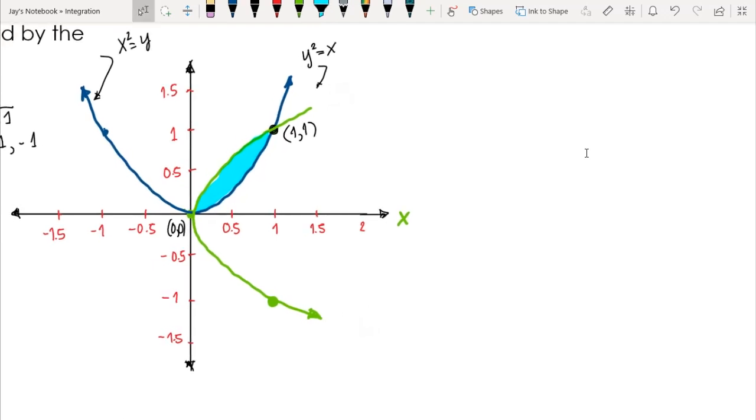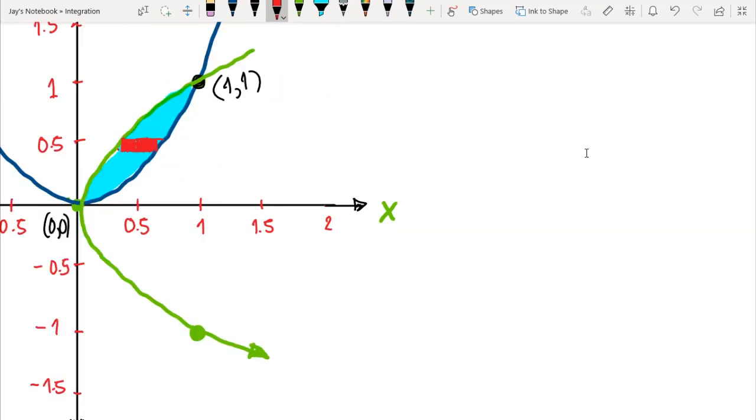For a horizontal strip, we just need to draw a horizontal rectangular strip. In our horizontal strip, the area of the rectangle is just the length times the width. For this horizontal strip, the length is x and the width is dy, the differential of y.